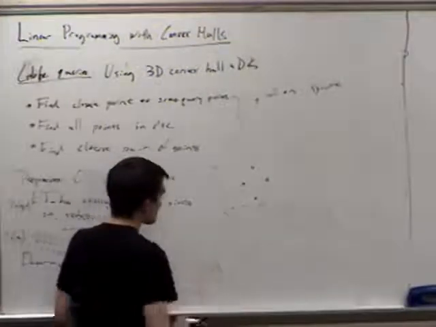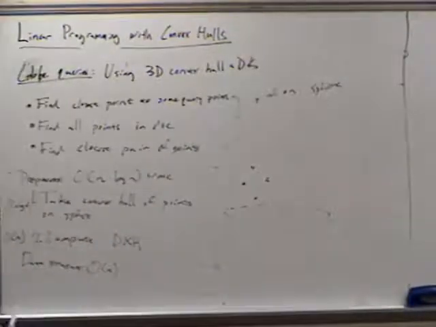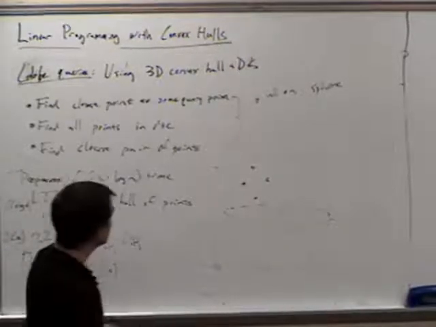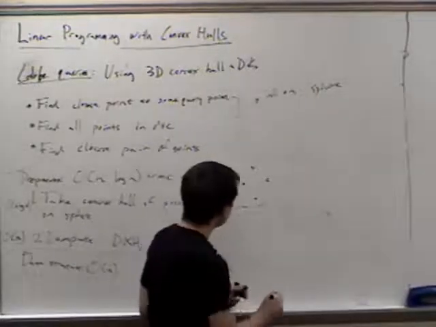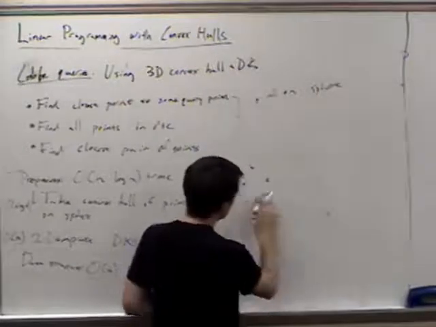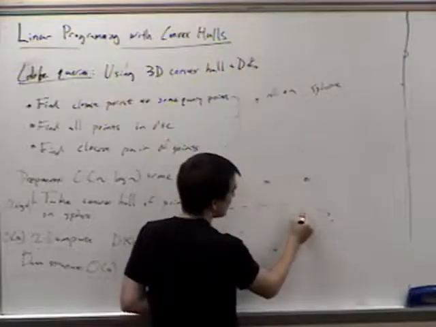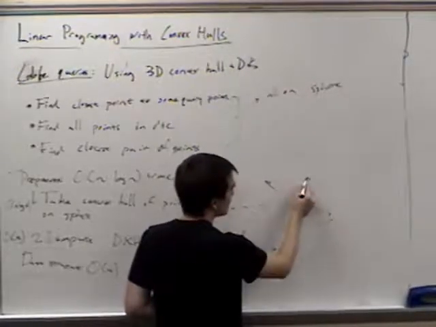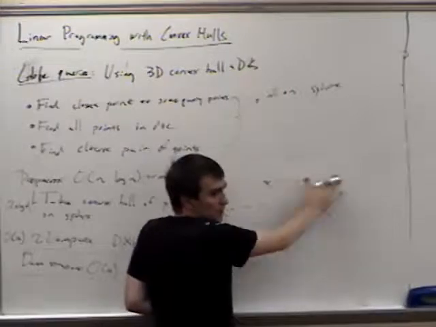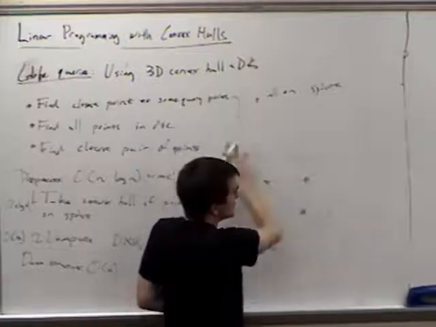OK, so how do we do the first point, right? Well, let me actually point out one thing here. Suppose we compute this convex hull. I'm going to draw something here. So imagine I have these 3 points. They're a face of the convex hull. This triangle here will determine some plane.